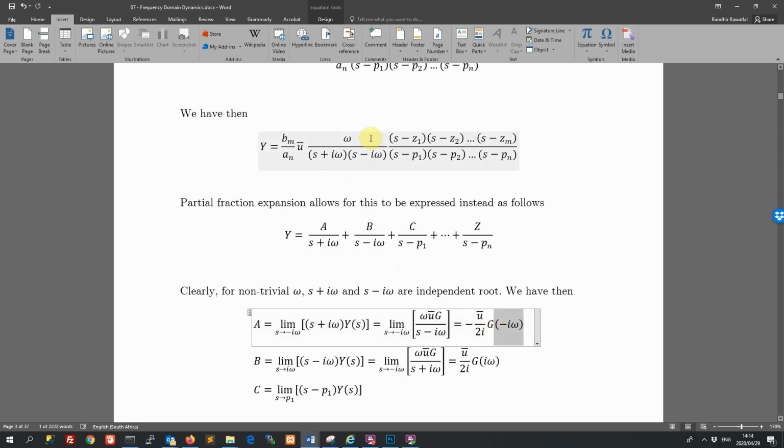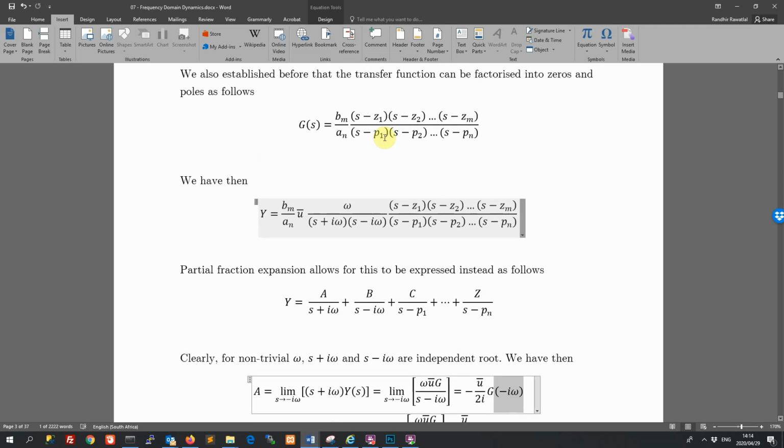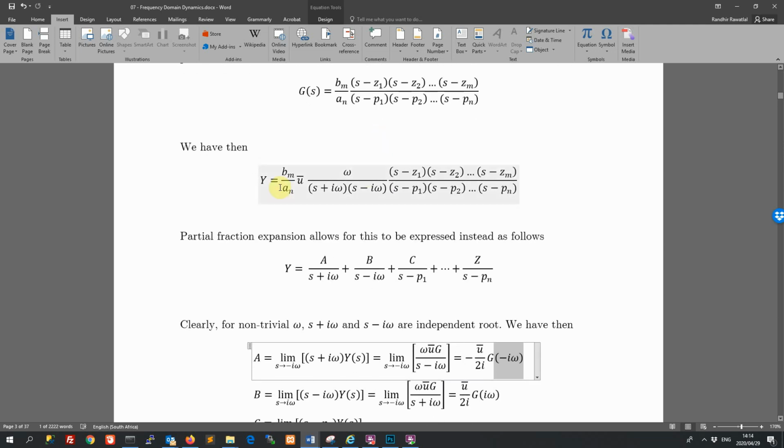So once more, let's write this out a bit more clearly. Here, if we apply s equals minus iω times y, then that term will vanish, leaving us with all this stuff. And then we apply here s equals minus iω. That's going to leave us with minus 2iω. So that's retained there.